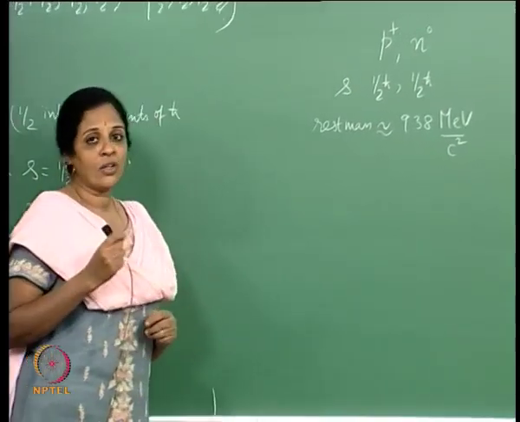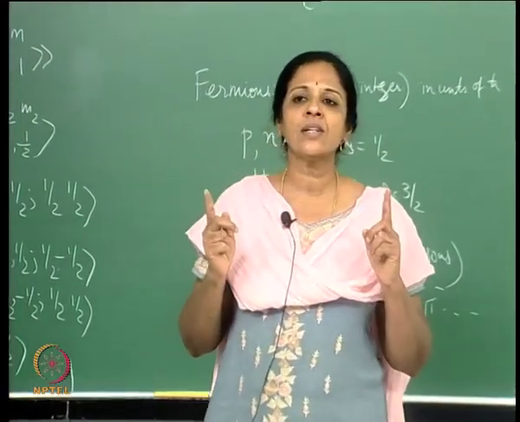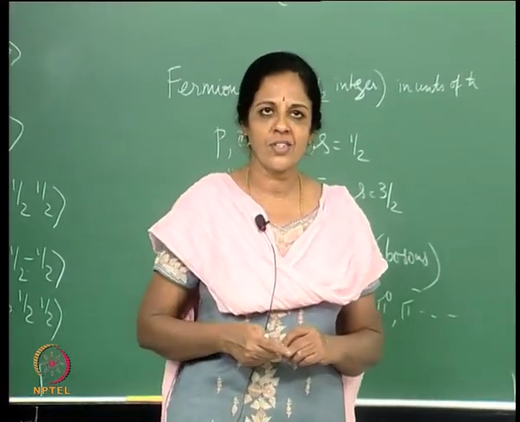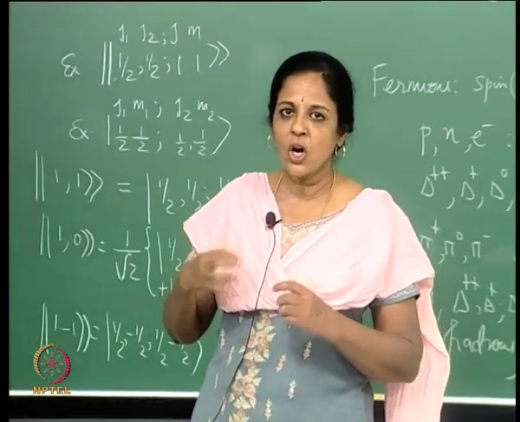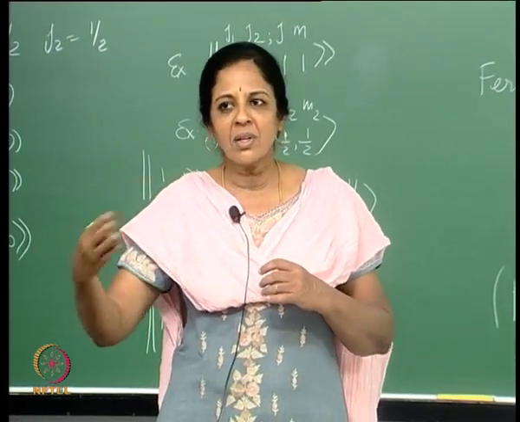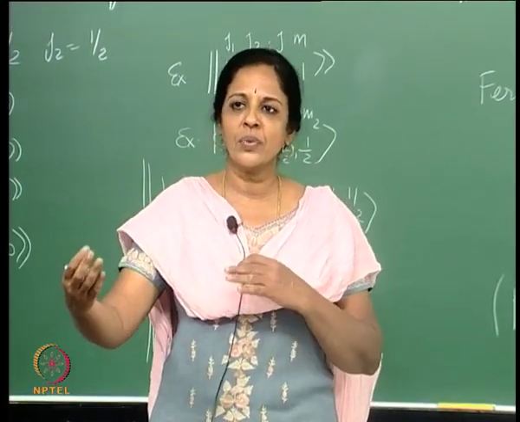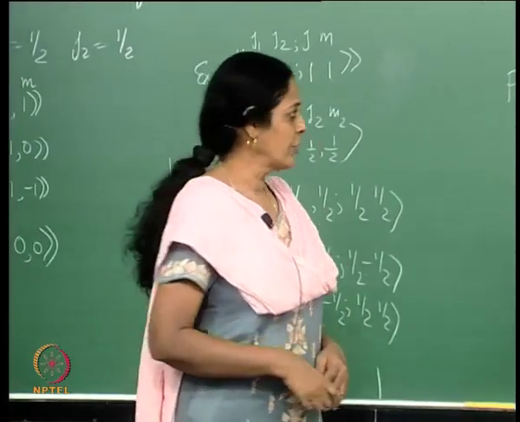But suppose I did not switch on the electromagnetic field at all. If I were only considering a world of strong interactions and not anything else, not the electromagnetic force or relatively negligible forces like the weak force and the gravitational force, suppose I did not consider any of that.